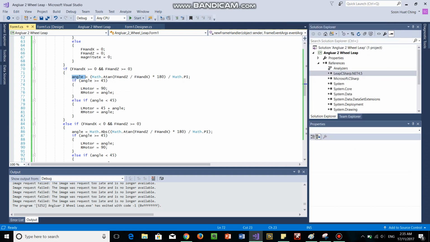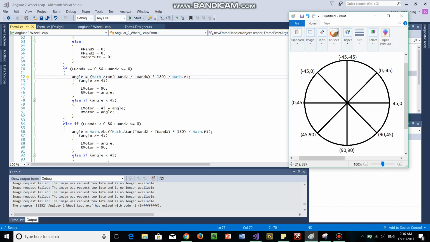So in order to check this angle, we'll be using the tangent of z over x and multiplying it by 180 over pi because it's in radians, converting it back to degrees. So if the angle is more than 45, which is here, because F hand X is more than 0, and F hand Z is less than or equal to 0, it is this segment.